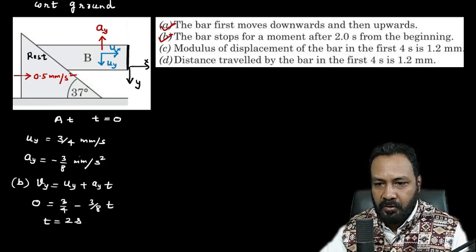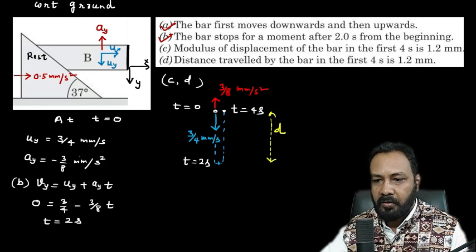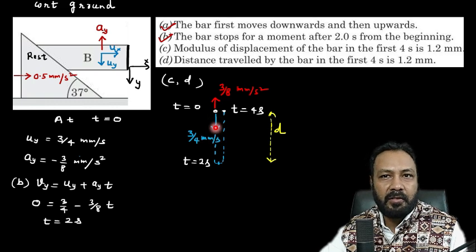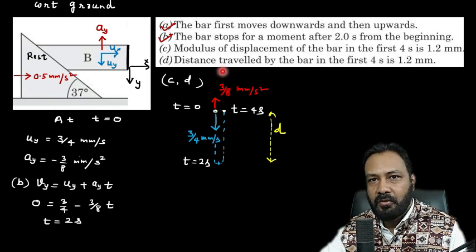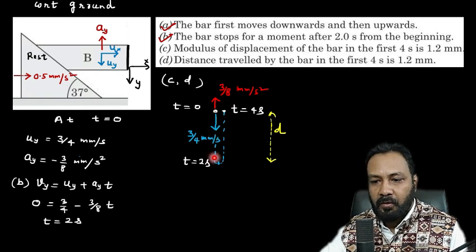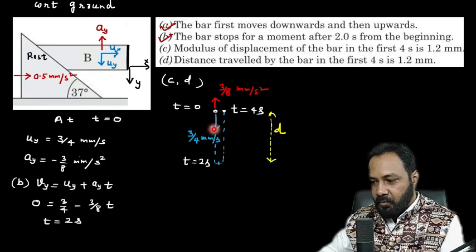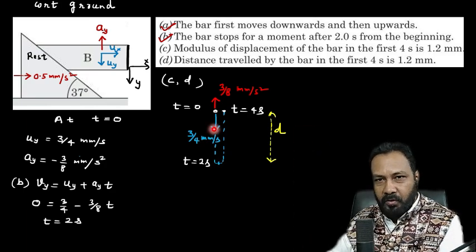And now see the motion of the bar along the y direction. We are looking at options C and D. At t is equal to 0, the velocity was in the downward direction, and the acceleration was uniform, opposite to the initial velocity. So it will come to a stop here, and it is like a motion under gravity. If you throw something upward, it goes up and then downwards.